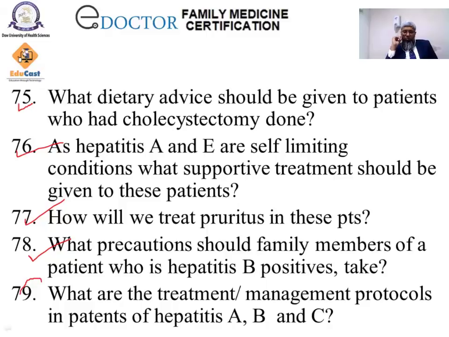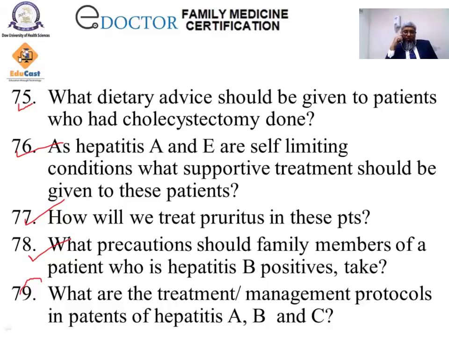Everyone who is living with the patient with hepatitis B should get their blood test done for hepatitis B surface antigen, as well as hepatitis B surface antibody. If surface antigen is negative but surface antibody is positive, which means they are vaccinated or they got the infection but they are cured, they have immunity. For those who have hepatitis B surface antibody less than 10 international unit per ml, get yourself vaccinated.